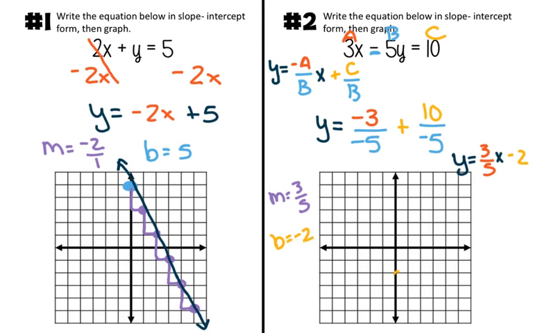So I'm going to start by graphing negative 2, and then I'm going to go up 3, 1, 2, 3 over 5. Okay, and then I'm going to go in the other direction. Remember, your point should make a nice straight line.